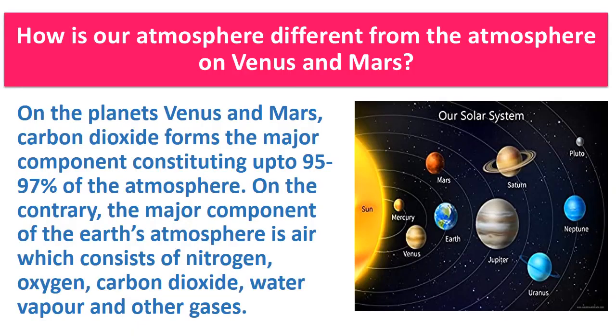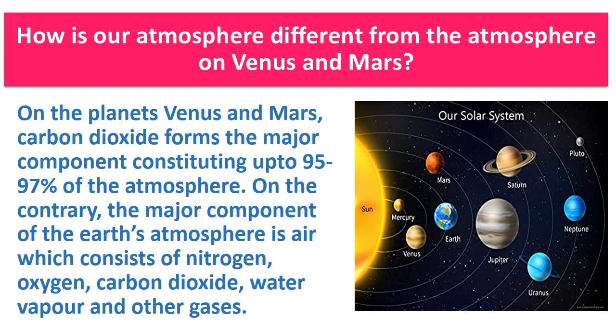Okay. Now the next question arises, how is our atmosphere different from the atmosphere on Venus and Mars? The answer lies here. On the planets Venus and Mars, carbon dioxide forms the major component and it constitutes about 95 to 97% of the atmosphere.